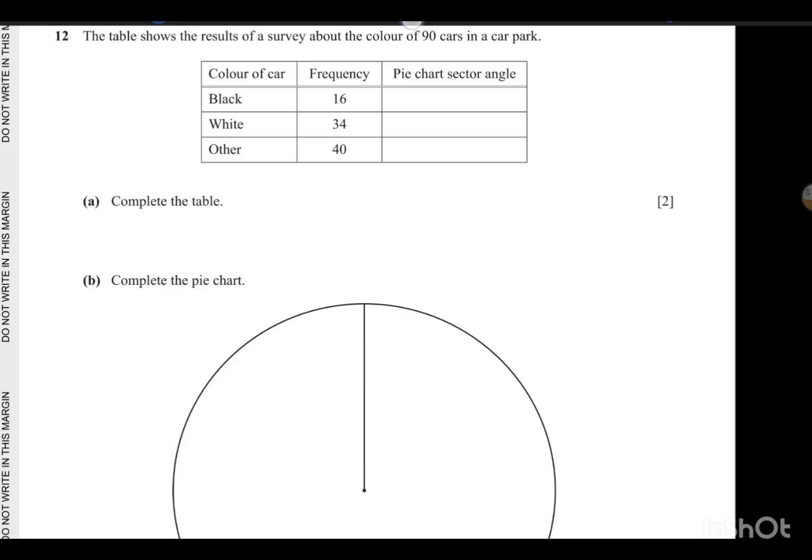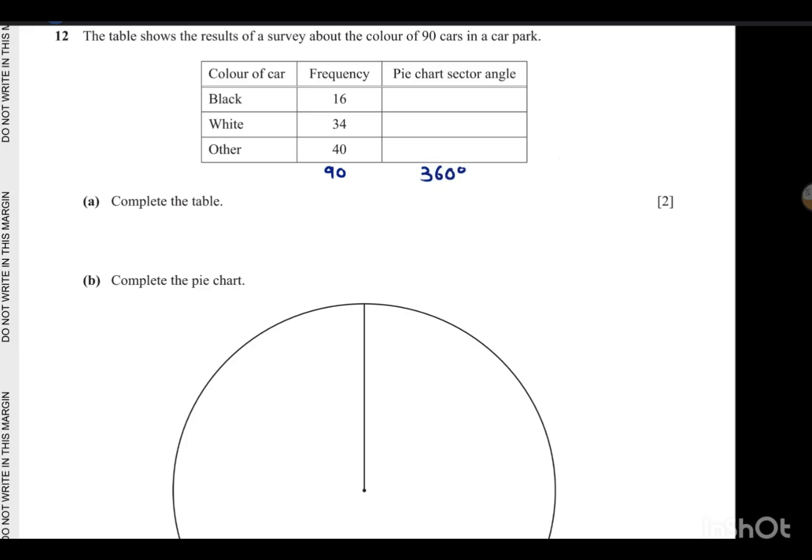Question A is complete the table and question B is complete the pie chart. To complete the table, you know the total number of cars is 90. So 90 is the total here, and in a pie chart the total angle will always be 360 degrees.